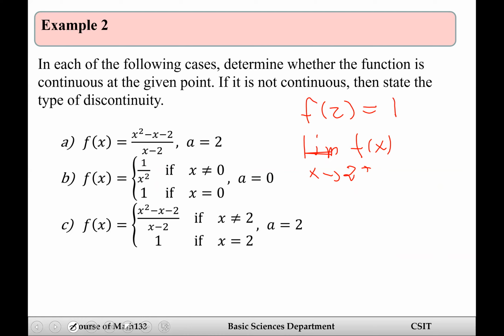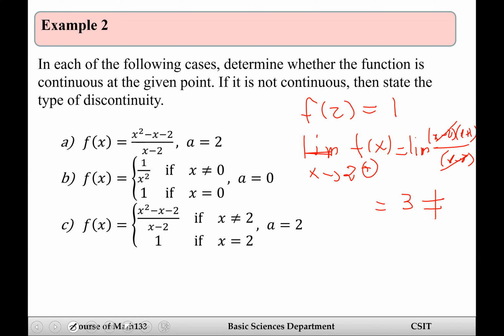So my factoring here will be the limit of x minus 2 times x plus 1 over x minus 2. And by the way, this is the same for 2 plus and 2 minus, the same expression. So I could remove this plus and work with 2 and see if I need to separate plus or minus. Here we simplify, so it's equal to 3.